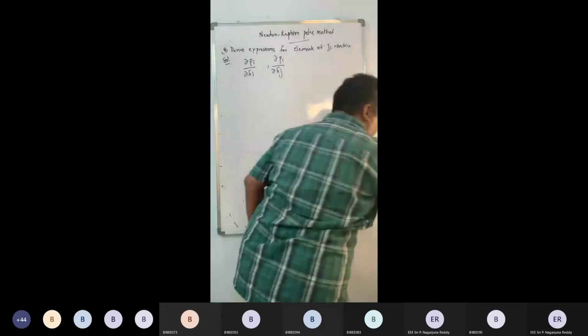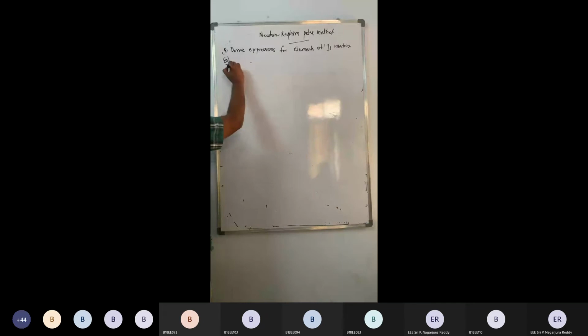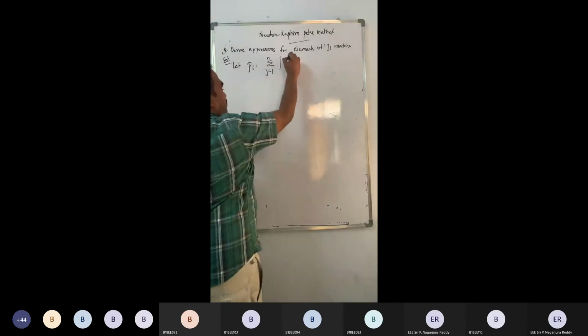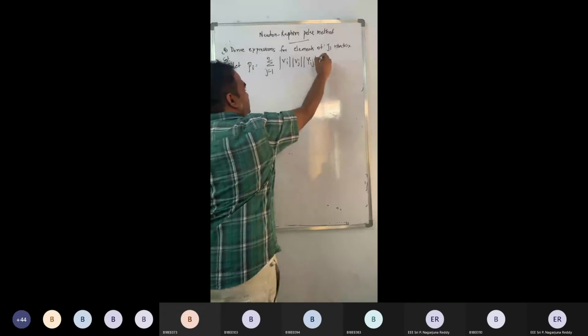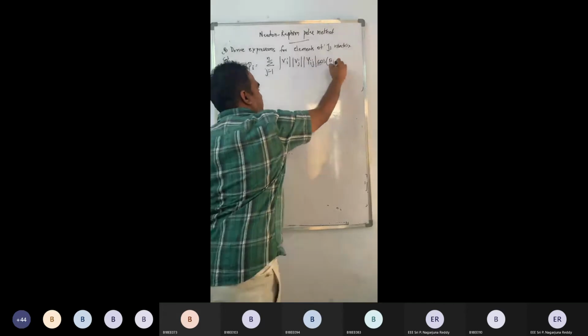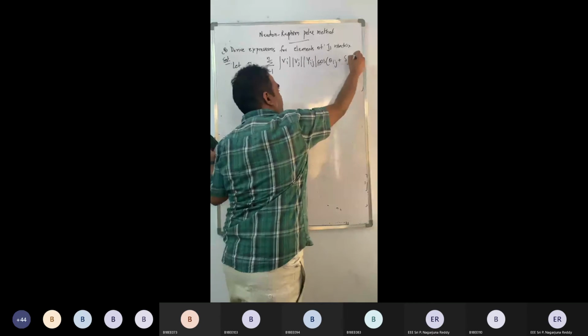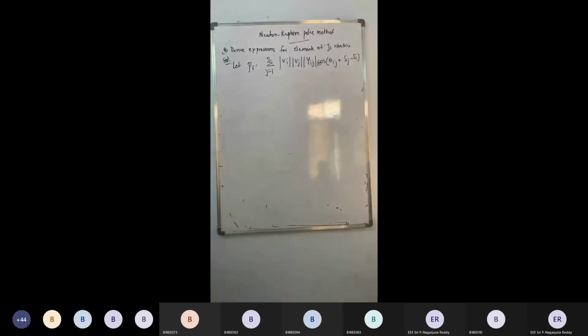So before computing any of these two, first of all, let me write the power injection at any bus: sigma j is equal to 1 to n mod Vi Vj Yij cos theta ij plus delta j minus delta i. This is the formula.